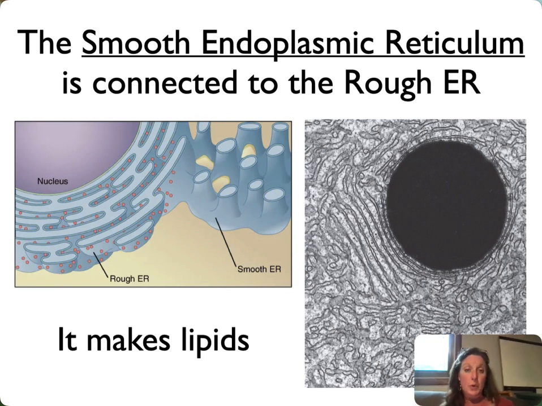Now, the smooth endoplasmic reticulum is where lipids are made in the cell. So that could be phospholipids, it could be triglycerides to store energy as fat. But if you're trying to remember the functions of these different things, remember that lipids, oils, and fats are smooth, they're slippery. So the smooth ER makes lipids.